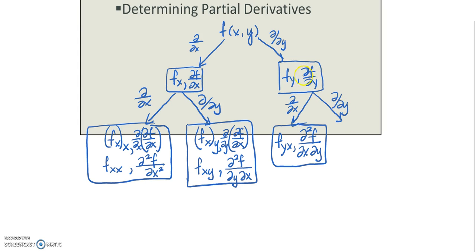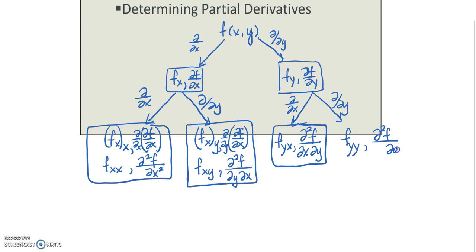And lastly, if I had the partial of f with respect to y and took the partial with respect to y a second time, the first time was with respect to y and the second time was with respect to y, so it would be f sub yy. Or if I'm using the partial notation, I did the partial derivative of f twice, so partial squared of f.